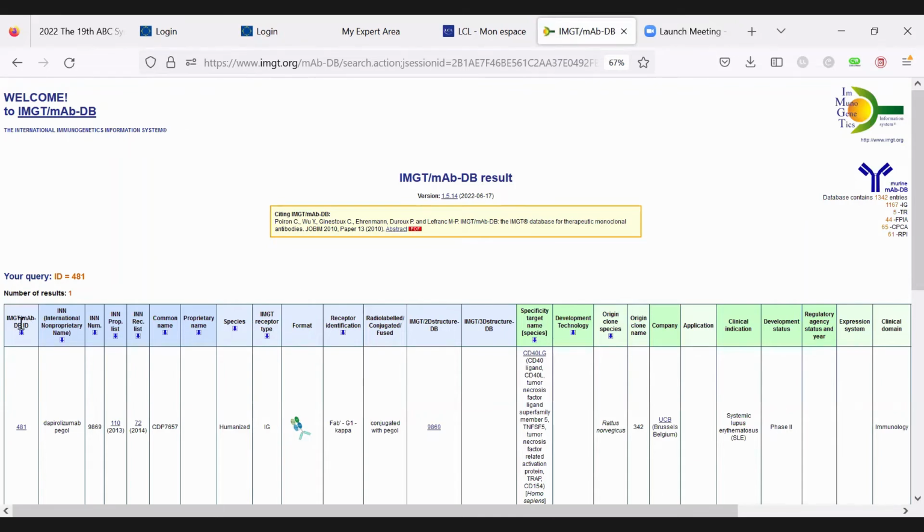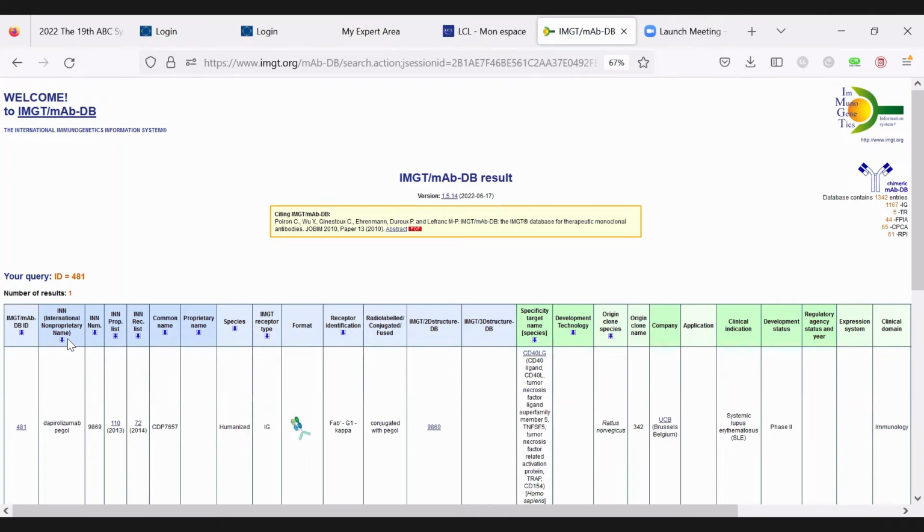First of all, I have an ID number. This is the one I gave, 481, because each item in the database has its unique number. There is the INN, International Nonproprietary Name.